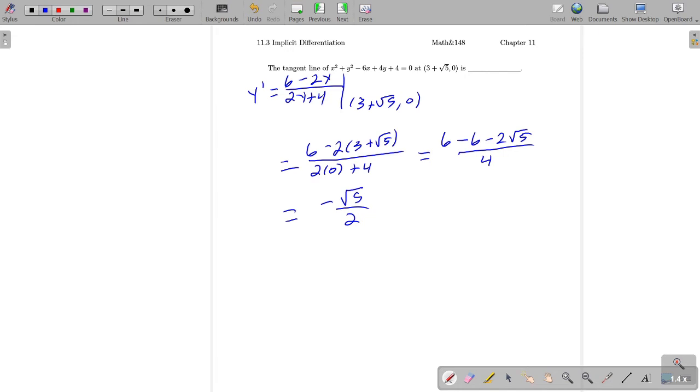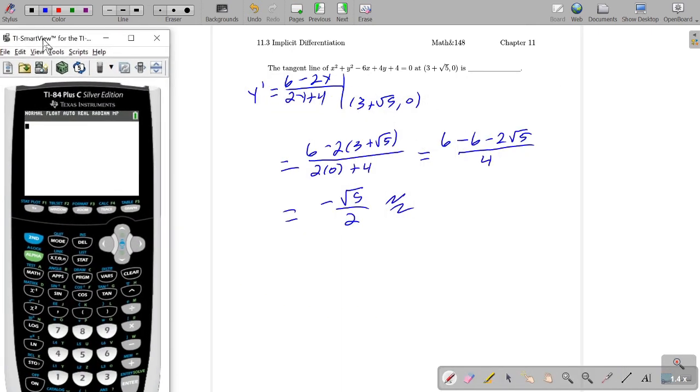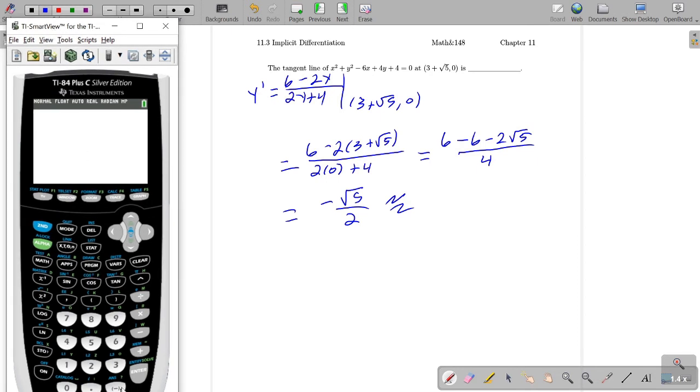So negative radical 5 over 2, and let's see what that's approximately equal to. Negative square root of 5 divided by 2. So that's negative 1.118.